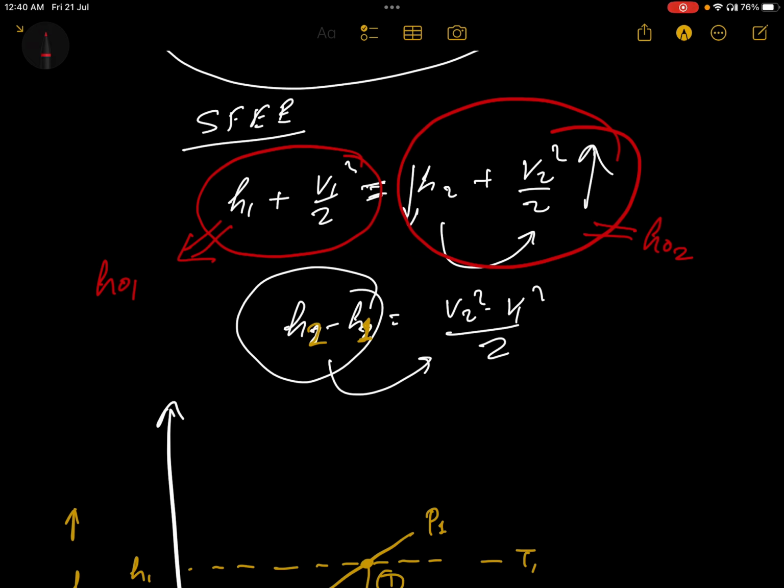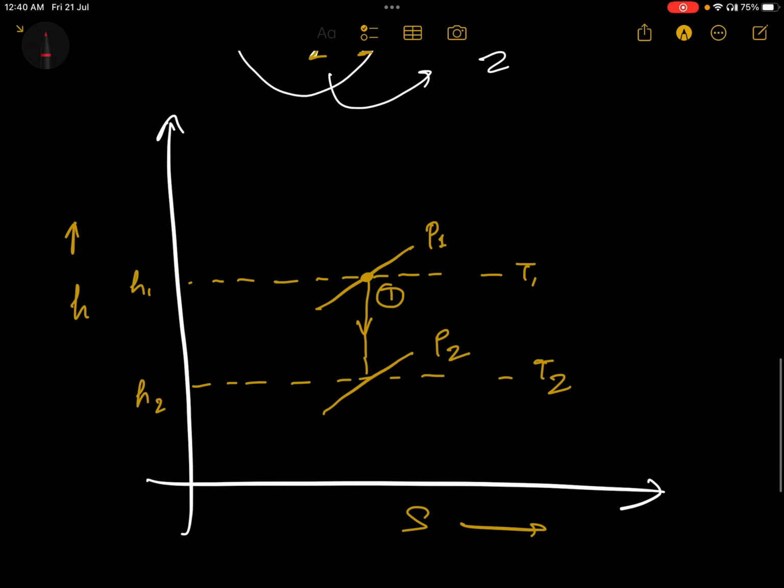At that state the enthalpy becomes the stagnation enthalpy. Now we'll represent that stagnation state in this graph. From state 1, to come to stagnation state 1, H naught 1, it needs some kinetic energy, V1 square by 2, and then it becomes H naught 1.